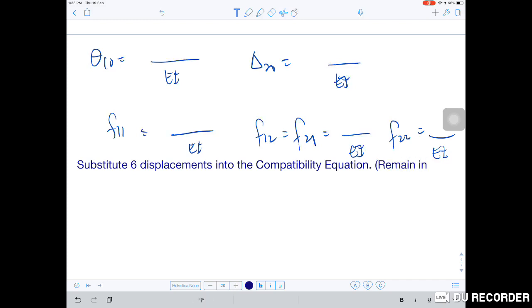Then solve the compatibility equation for the redundants.